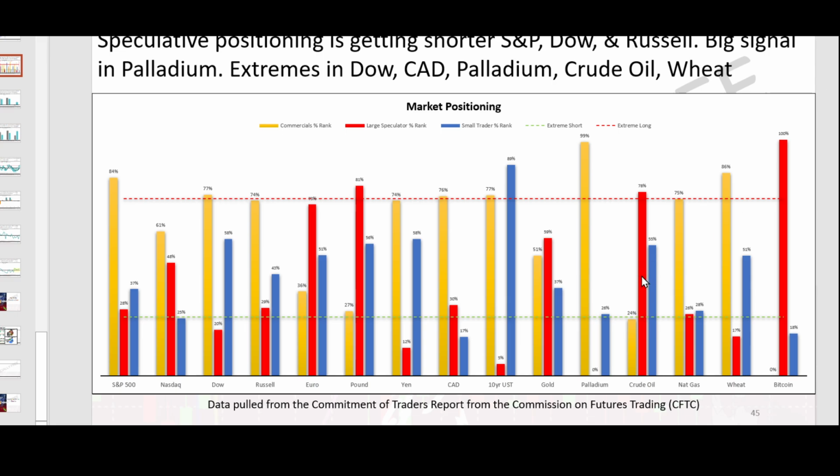And in this case, this only gets 2 out of the 3 points because the commercials are super short and the large non-commercials are super long. But then the small non-reportables are only at the 55th percentile, so they're slightly long. If this was going to get 3 points, you'd like to see this 55% much higher, actually over 75%.